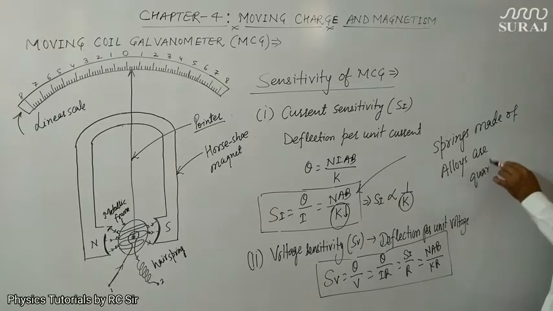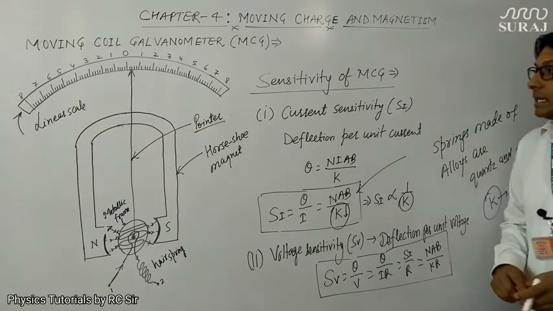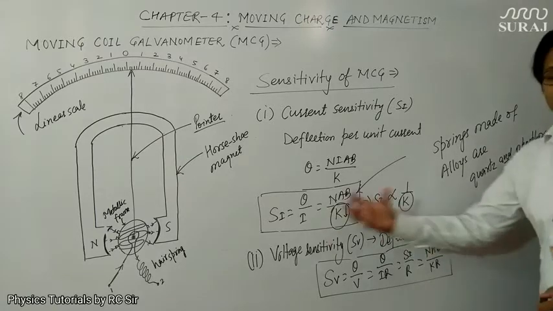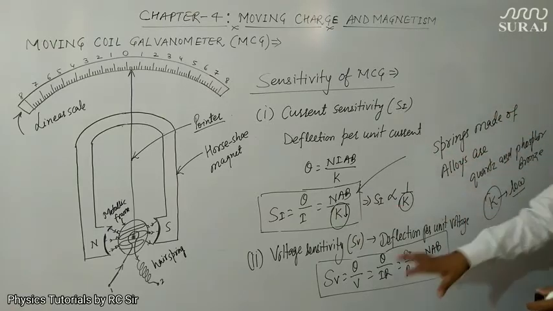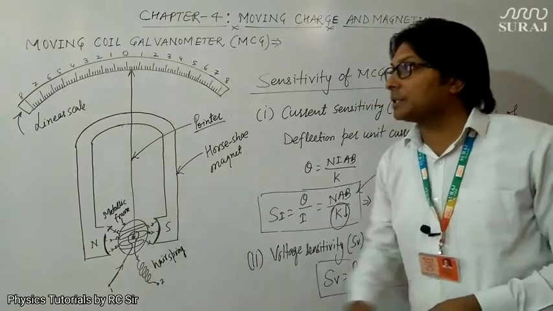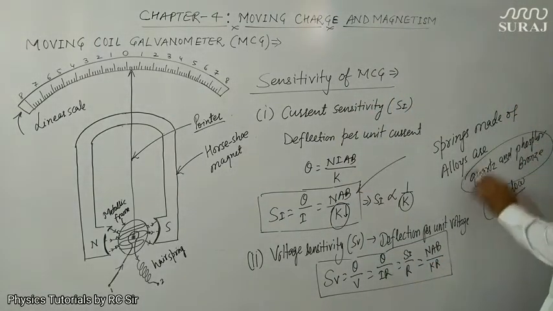quartz and phosphor bronze. These are the two alloys which have a very low value of spring constant, and therefore we can have a galvanometer of better sensitivity by simply using the springs or hair springs which we are using in this galvanometer, made up of quartz and phosphor bronze.